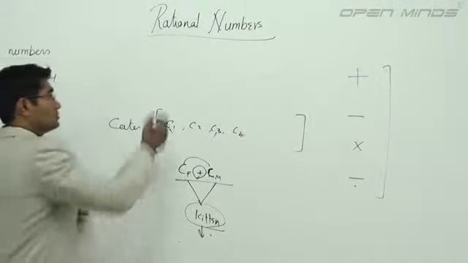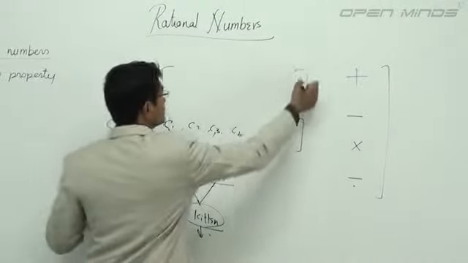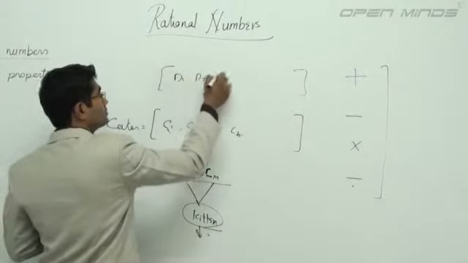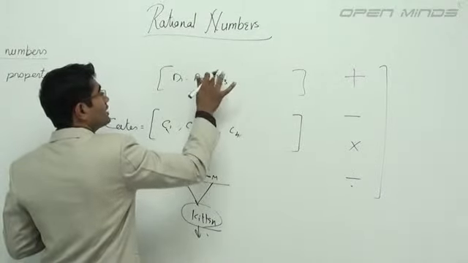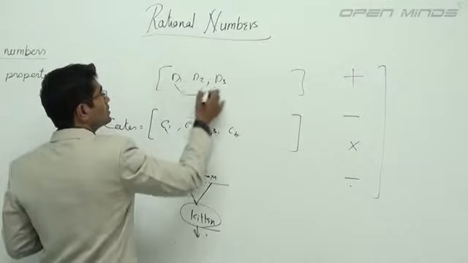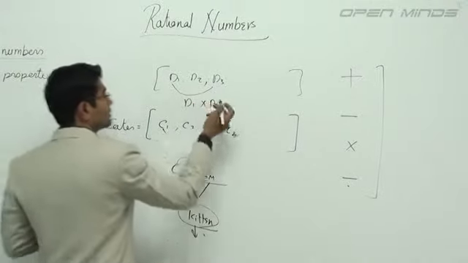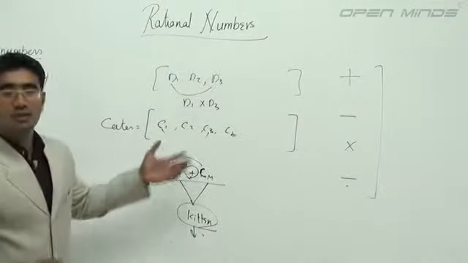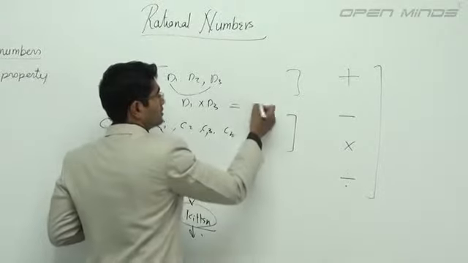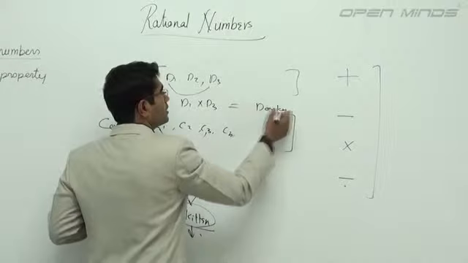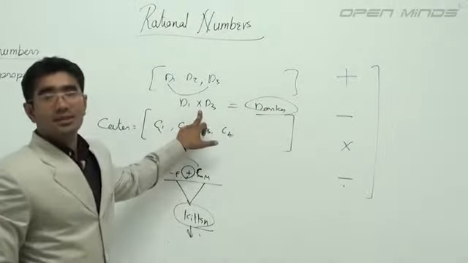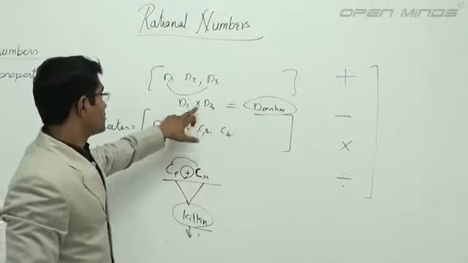Let's talk about a set called donkeys: donkey 1, donkey 2, donkey 3. When I take any two donkeys on earth, and they are married, what do you get? The offspring. You will get another donkey itself. So again I can say this set is closed under the operation.